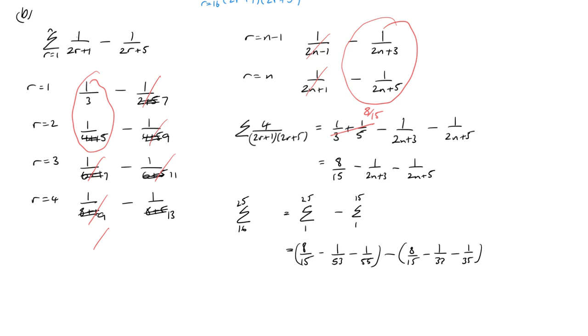So that's put in 25 into here and then put in 15 into here for this one. So the 8 over 15's cancel and we get 1 over 33 plus 1 over 35 minus 1 over 53 minus 1 over 55.